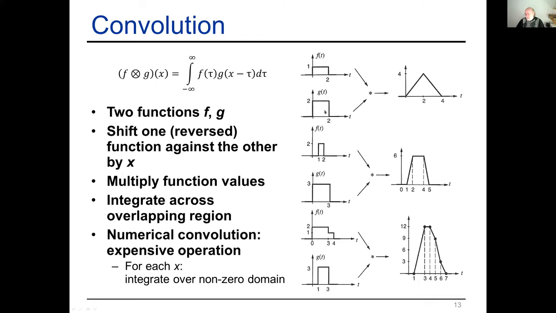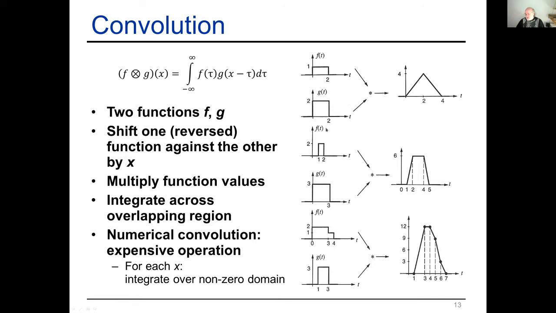So if you look at the images on the right, essentially you're taking these two rectangle functions and you shift one rectangle from minus infinity to plus infinity. Of course, this is usually 0, right? Because the function outside of the rectangle here is 0, and so obviously the product is 0.